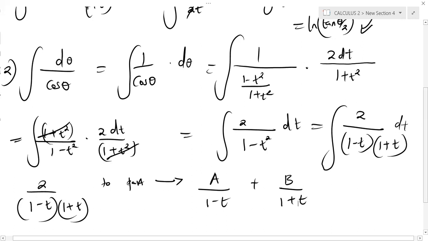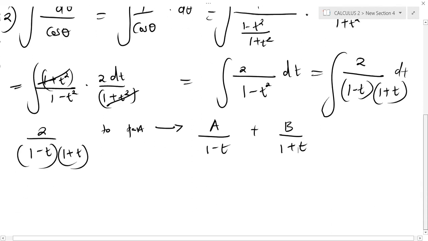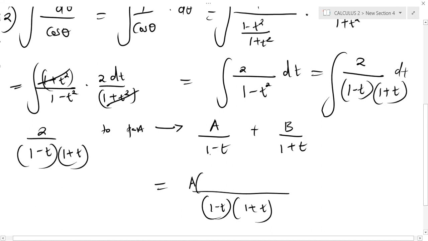I open it up as linear factors. Then putting it under the same LCM, which is 1 minus t, 1 plus t, I have A times 1 plus t, plus B times 1 minus t. This is equal to 2 over 1 minus t, 1 plus t.